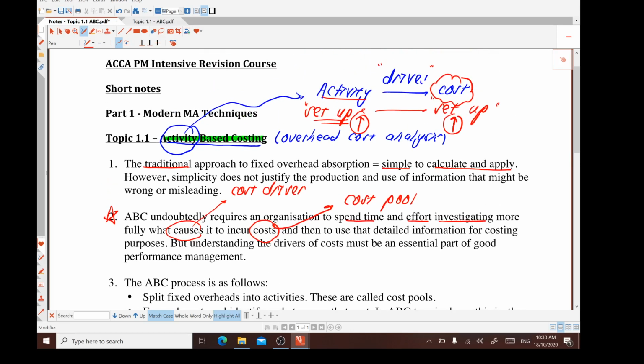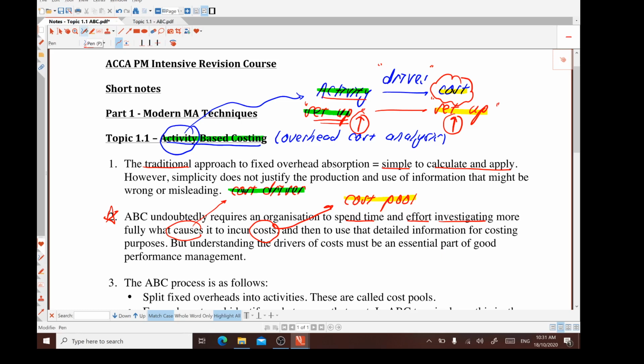Can you see that? Let me relate these. For example, your setup activity leads to setup cost. So setup activity, that's the cost driver. You see that? Number two. When you're looking at the setup cost, that's the cost pool. So we always believe that the activity gives rise to the cost.